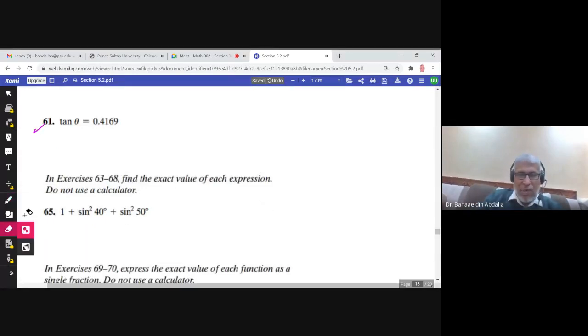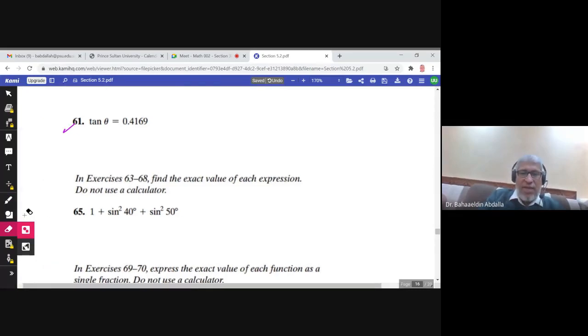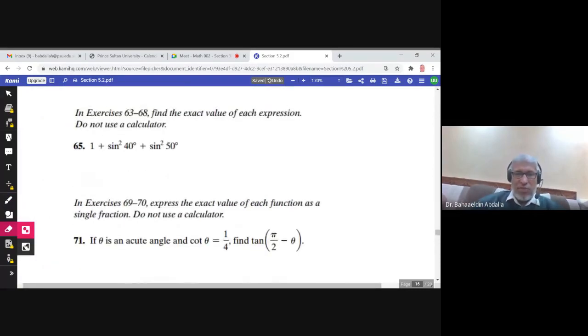Now here, find the exact value of each expression. Do not use a calculator. So let us think of this question. Please look carefully at this question. I have sine square 40 and sine square 50. The first thing to notice is that the angles are different. If the angles were the same, I know that sine square plus cosine square is 1.